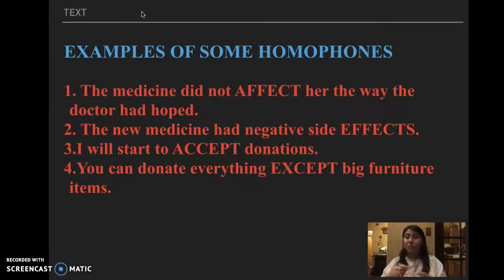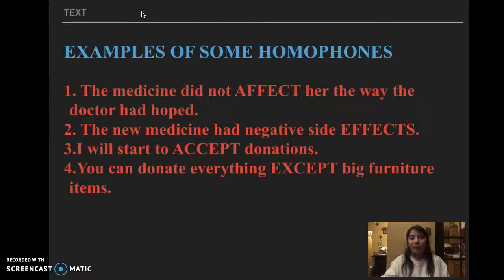Second, effect with an E. And again, they're pronounced the same, affect and effect. The medicine effects, the medicine affects. Actually, they sound different. But again, it is very tricky because they are spelled almost the same way.